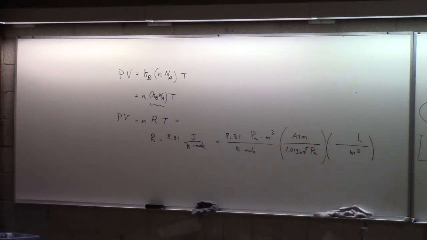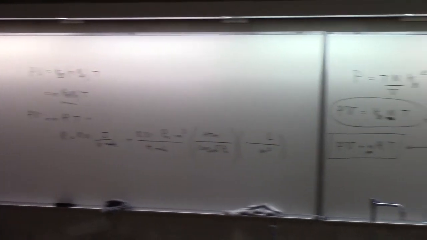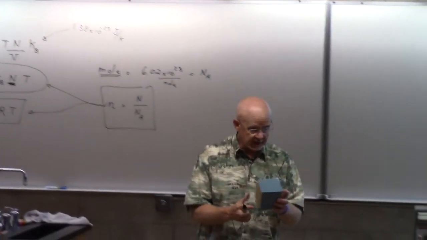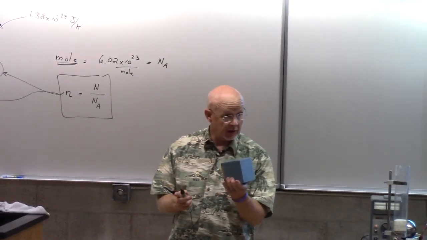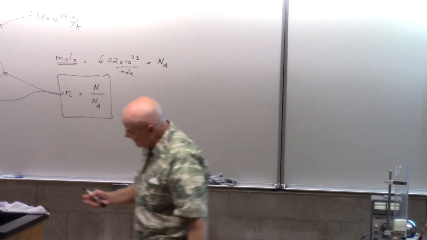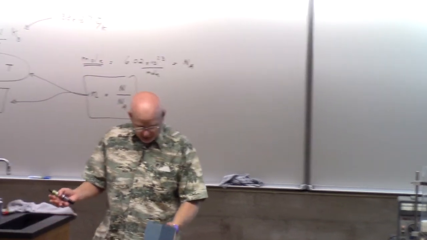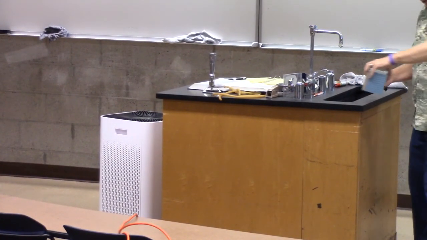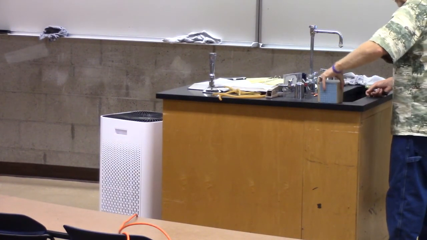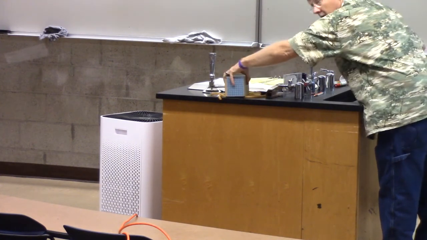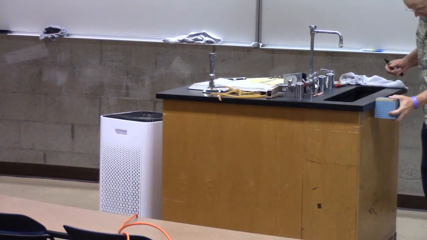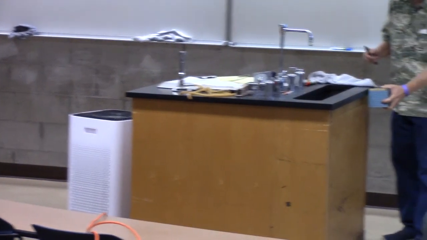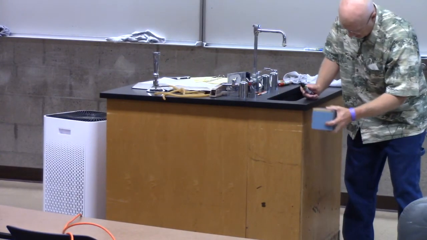That's why this time I decided to bring out the definition of a liter. I mentioned this before. This is a liter. The definition of a liter is something that is 10 centimeters by 10 centimeters by 10 centimeters. Whereas a cubic meter is about the size of this desk. And so if I were to ask you how many liters are in a cubic meter, I guess I would go 10 this way, 10 this way, 10 this way.